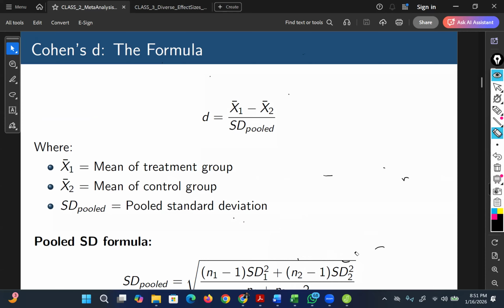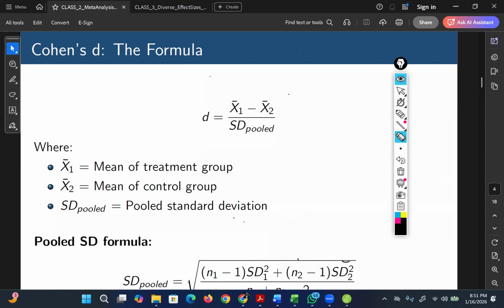So if you look at the information mentioned here, x1 is the mean of the treatment group, and x2 is the mean of the control group, right? Mean of control group and mean of treatment group. So two different parts of the results. You can see that, and the pooled standard deviation, how to calculate the pooled standard deviation.